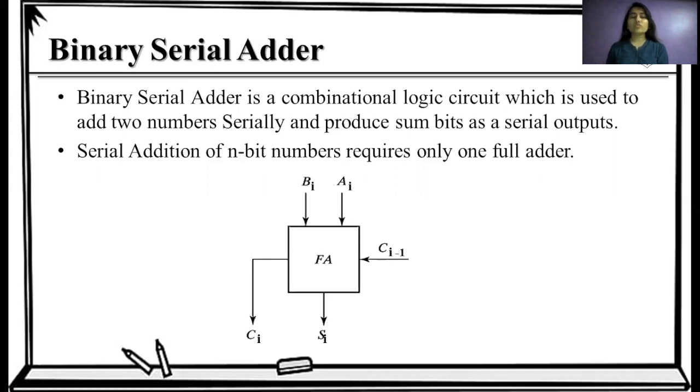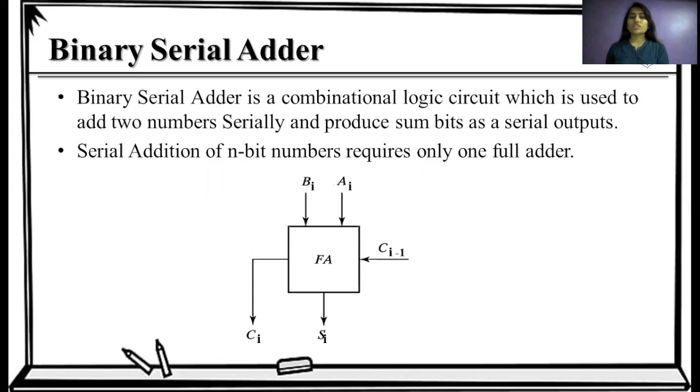So if we want to perform n-bit addition serially, then we have 1 full adder circuit. Here we give inputs Ai and Bi one by one. That means if we have a 4-bit input A3, A2, A1, A0 and B3, B2, B1, B0, then start from A0, B0.